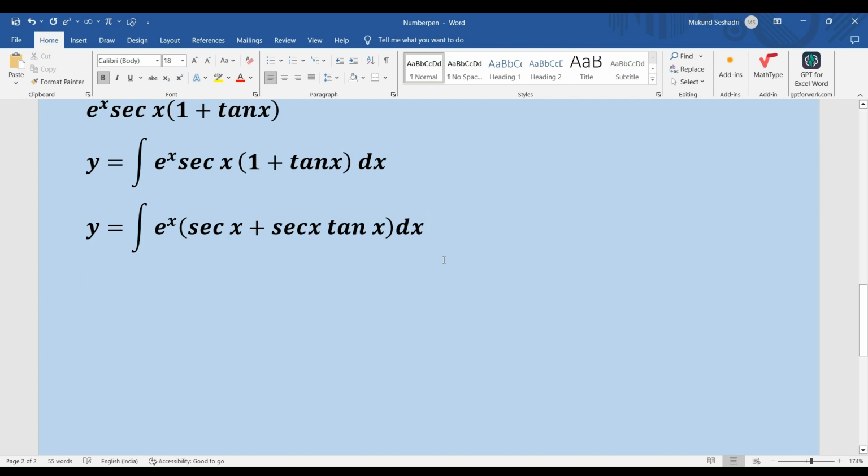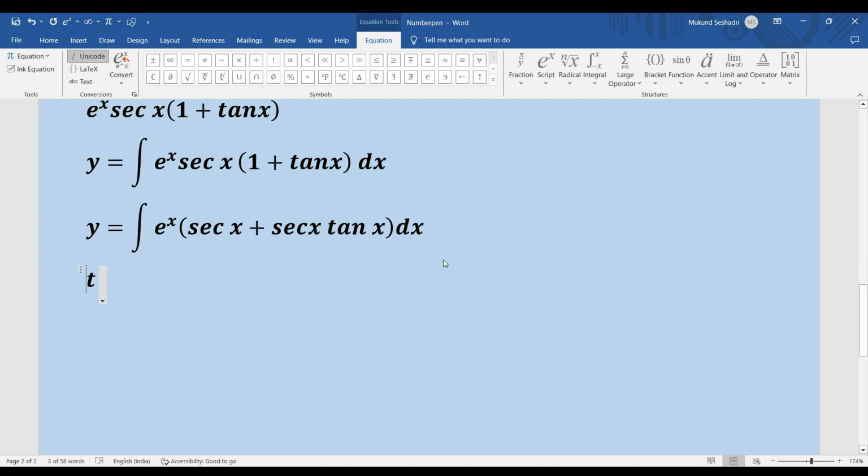The substitution that we will make here is t equals e to the power x times secant x. And when I do t equals e to the power x times secant x, I have a function of the type uv on my RHS, right? Therefore my dt by dx equals u dv by dx plus v du by dx.